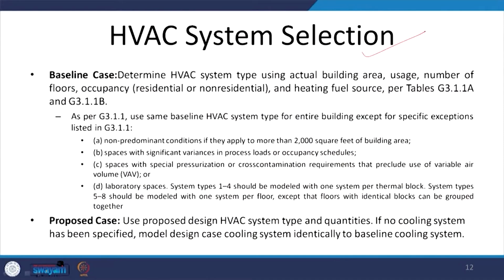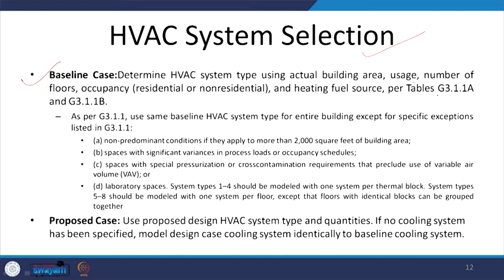When we are talking about HVAC system selection, the system for the baseline case will be determined using the actual building area, usage, number of floors and occupancy as per Appendix G's Table 3.1.